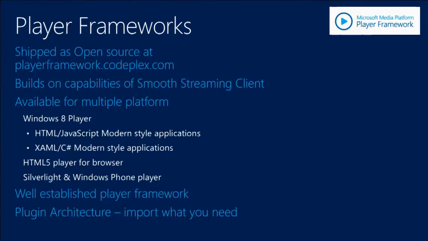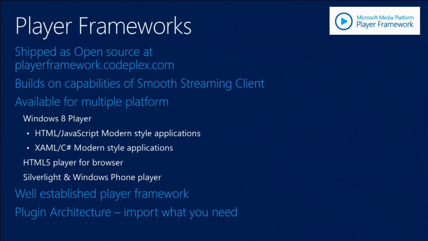So we just released a version this week for Windows 8 and for Windows Phone. But basically, as I was telling, it supports XAML or HTML JavaScript applications. We have also a version for HTML5 browsers, and we have also a version for Silverlight and Windows Phone. So in fact, we have 3 different versions of the player framework, right? It depends on the platform.